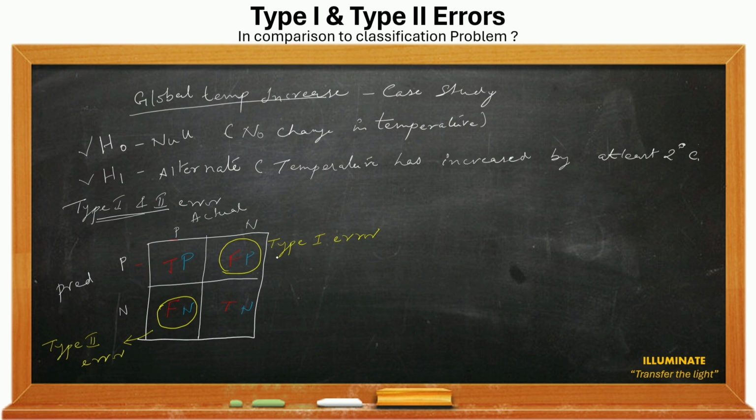Now from a positive aspect. So type 1 error, when is this type 1 error made? We know now that false positive is your type 1 error and false negative is your type 2 error. Now we'll have to pay utmost attention here to understand the details of type 1 and type 2 error in the context of this classification problem that we have already dealt with.